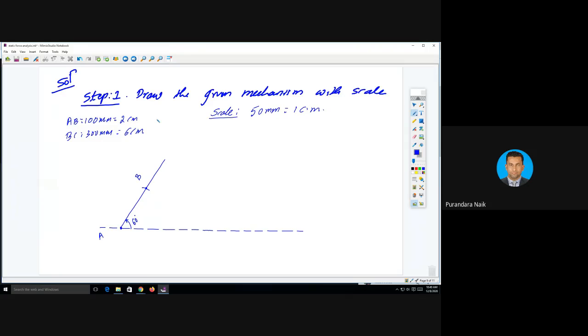We get a point here. This point is C. Join these two points. We get a line, which is the connecting rod.